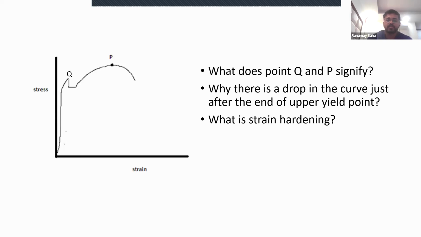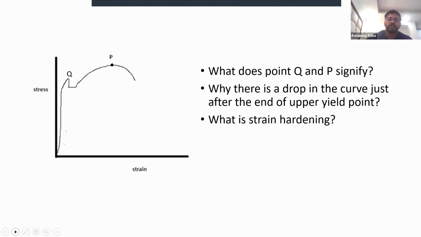As the dislocations start to move and pile up one above another, we find a hardening effect which leads to strengthening of the material. That is called a strengthening effect, and this phenomenon is called strain hardening. I hope this concept is clear to you.